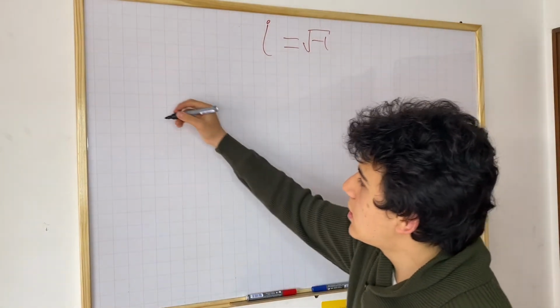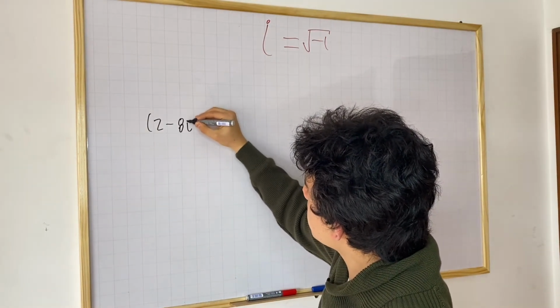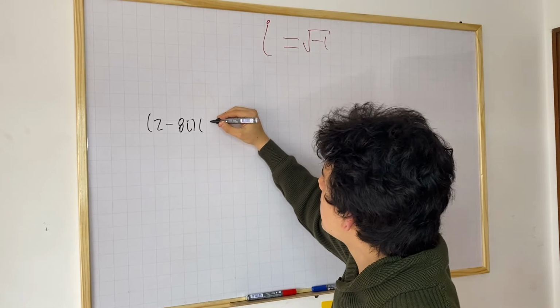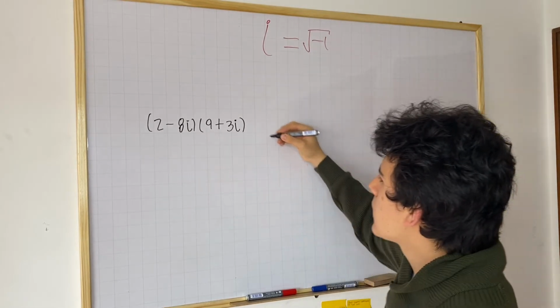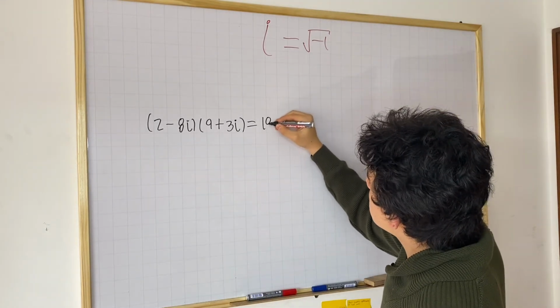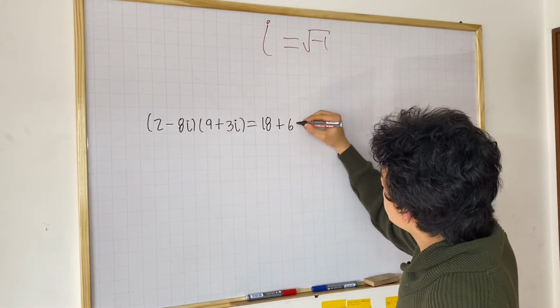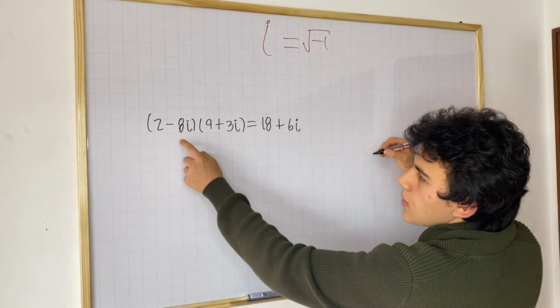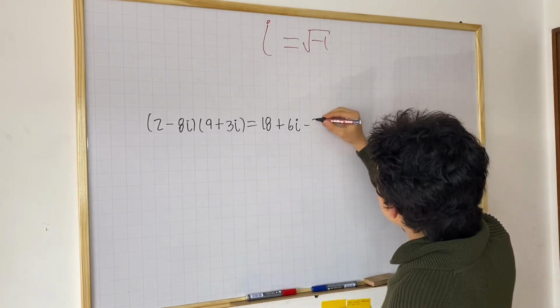Another example, let's say we have 2 minus 8i times 9 plus 3i. Now once again, as we did before, we're going to FOIL. So we're going to get 18, then we're going to get plus 6i, then we need to multiply this. In this case, we would get negative 72i.